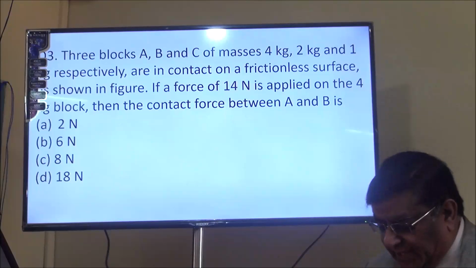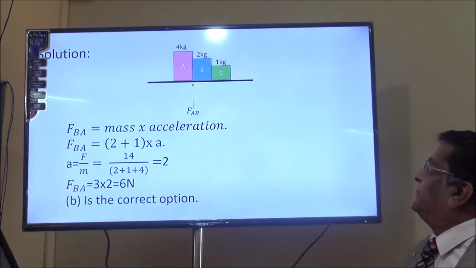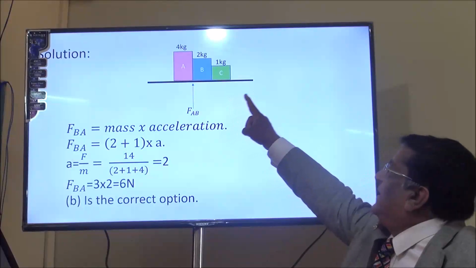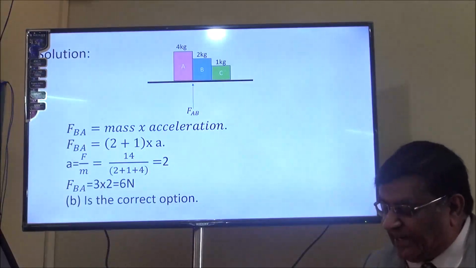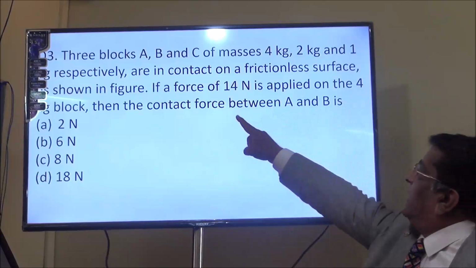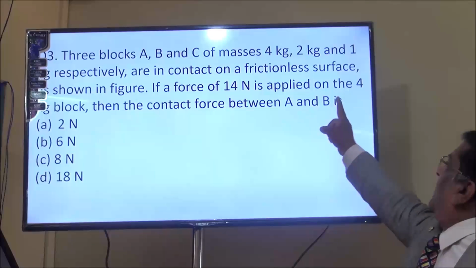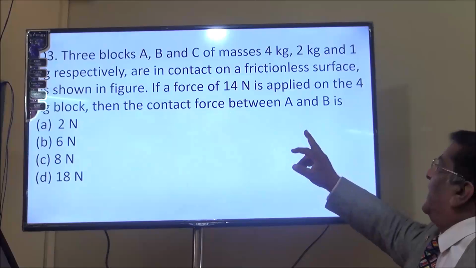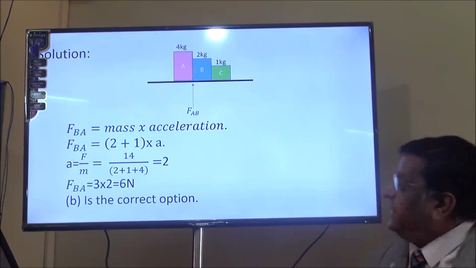Okay, so here is the contact force. This is 4 kg, 2 kg, 1 kg. They are in contact with each other, and now you read it. If force 14 Newton is applied on the 4 kg block, then what is the contact force between A and B?